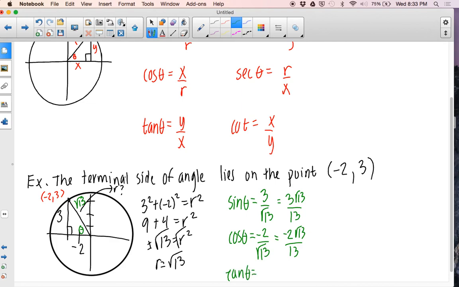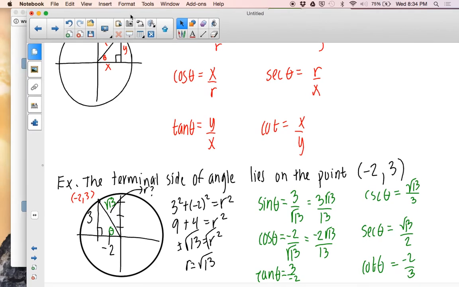Tangent theta is 3 over -2. Then the reciprocal functions: cosecant theta is square root 13 over 3, secant theta is square root 13 over -2, and cotangent theta is -2 over 3.